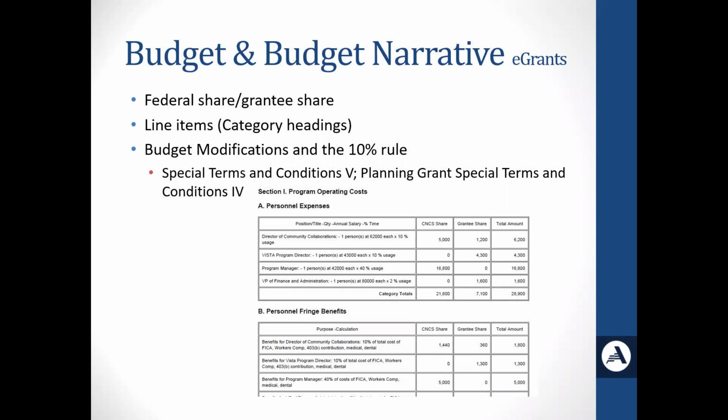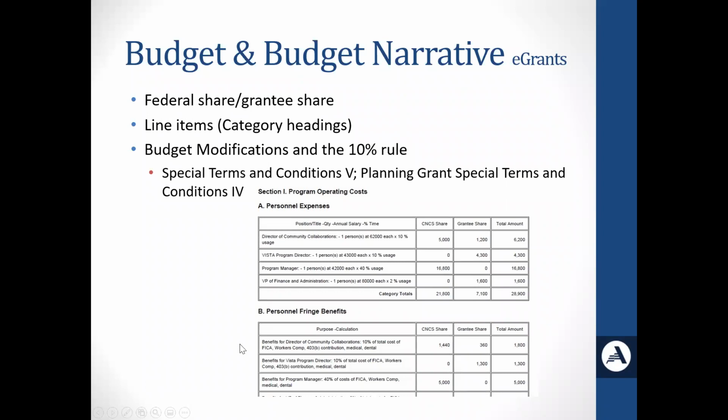Additionally, you have a description that your program developed, the description you see to the left. Then CNCS share. Robin explained that CNCS is kind of a dead term, but it's still in there for a little while, but that's AmeriCorps. The grantee share, that's your match. And then the total is just the 2 combined.